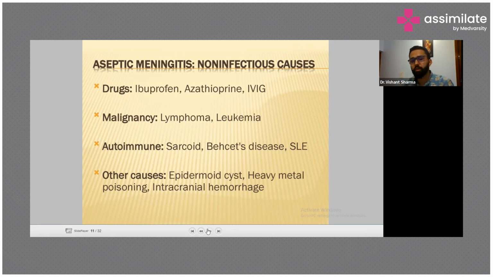Staph aureus, yes, good. You can say Staph aureus or pneumococcus. Very nice. Streptococcus, Neisseria meningitidis, nice.